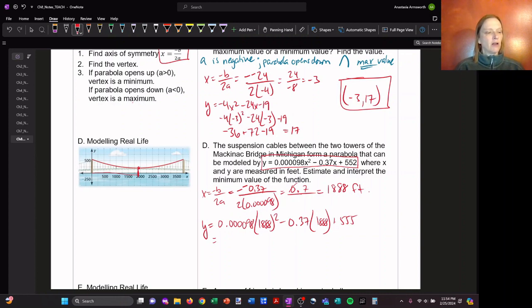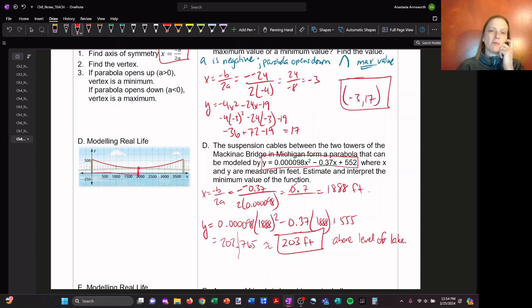And I will plug all of that into my calculator in one step, and I'll get 202.765 feet, which I'll round off to the nearest foot, which will be 203 feet. And this is how high I am above sea level or above lake level. So those suspension cables are 203 feet above the surface of the water.